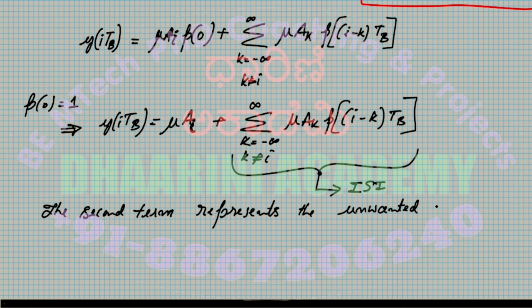So this is the unwanted contribution of all other transmitted bits.